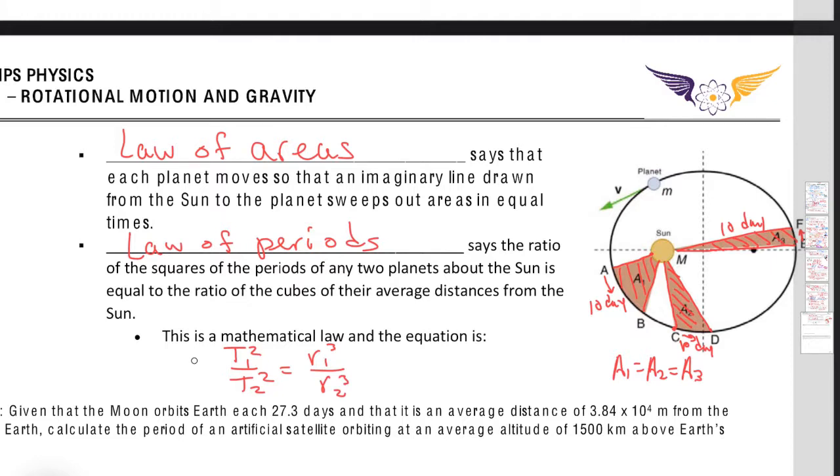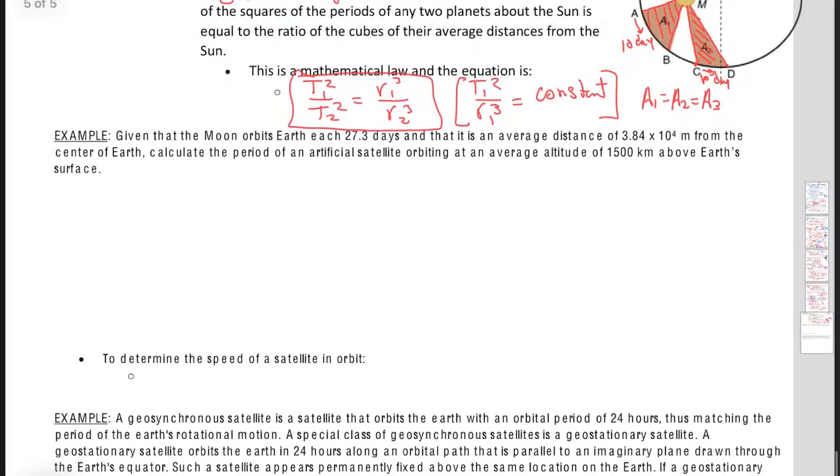You can get it even further by saying that this ratio of T1 squared to R1 cubed is equal to a constant. I can look up what that constant is real quick, it's usually published somewhere. The main thing is this mathematical relationship, and we're going to look at a couple examples using it.